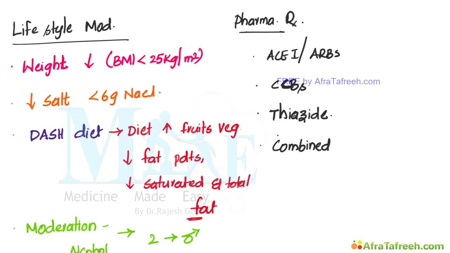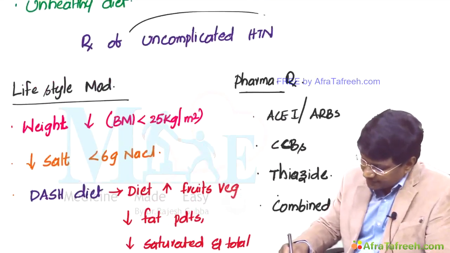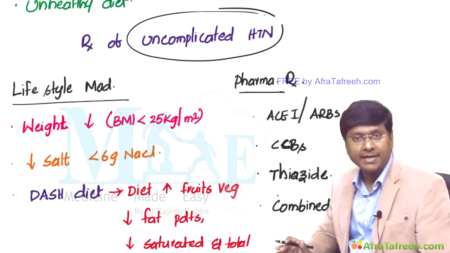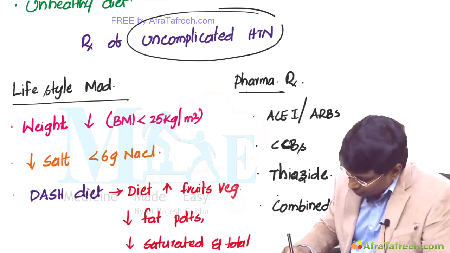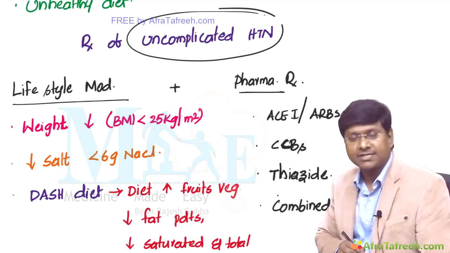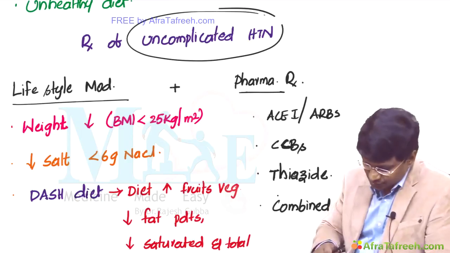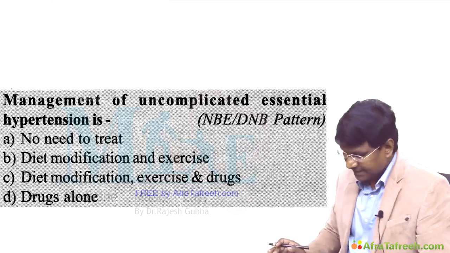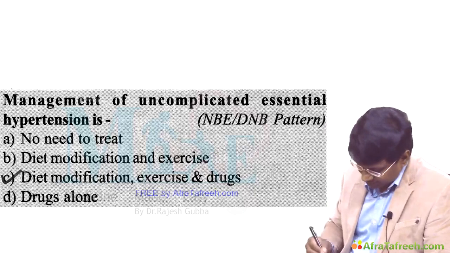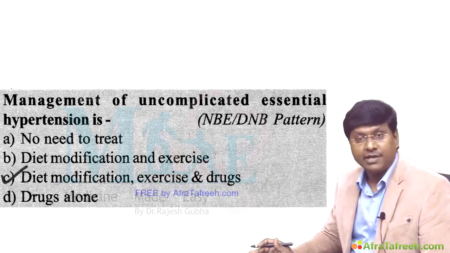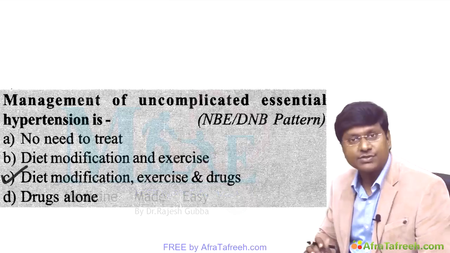So, this will be the treatment of what? Uncomplicated hypertension. In uncomplicated hypertension, along with lifestyle modification, you also require the pharmacological drugs. So, going back to the question here, management of uncomplicated essential hypertension is, the answer is diet modification, exercise as well as the drugs.